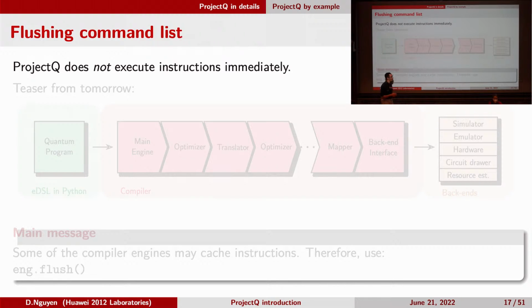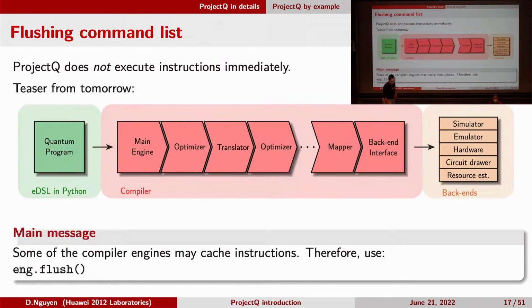Project Q gives you no guarantee as to when the quantum instructions are actually going to be sent to the simulator or to the backend that you have. If that's a quantum hardware machine, that's also possible. But Project Q doesn't let you know when, because it might do some optimization in the background.